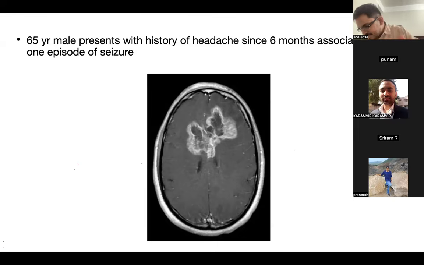What is the diagnostic criteria for GBM based on the recent WHO? Can you tell me? IDH negative, CDKN2A, which is like the diagnostic criteria for GBM. I'm not aware. Yeah, so you should know this. First of all, you should look at IDH status. If IDH is wild type, then you go for histological features. So first, IDH wild type and histological features of microvascular proliferation and necrosis.